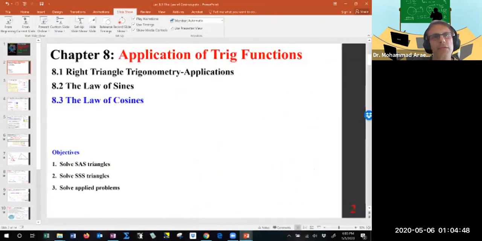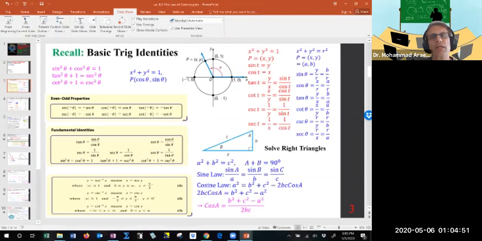First, refreshing everyone's memory about all the basic or fundamental identities in trigonometry that we should be comfortable with. Then we added the sine law.